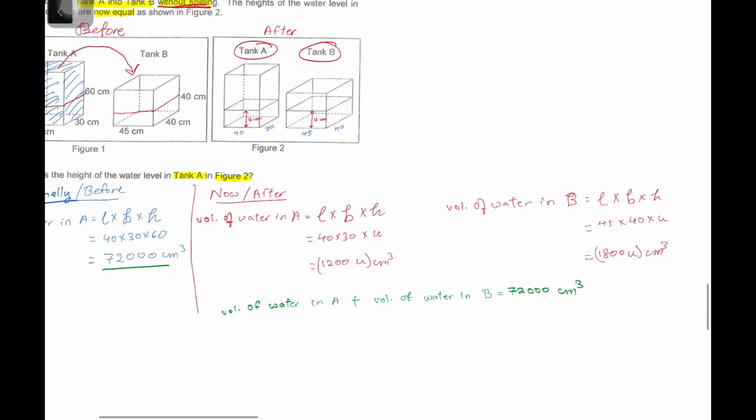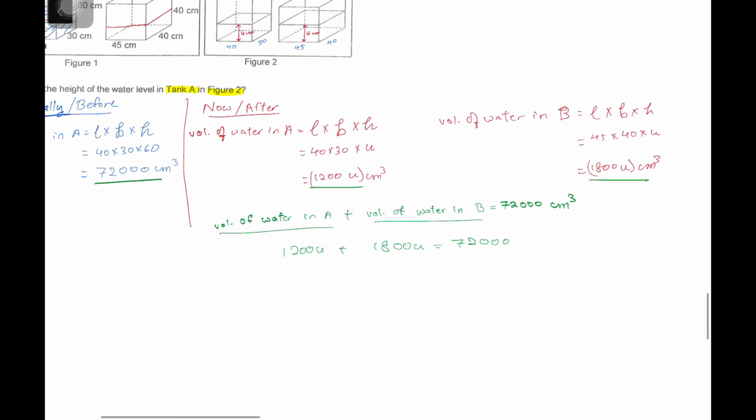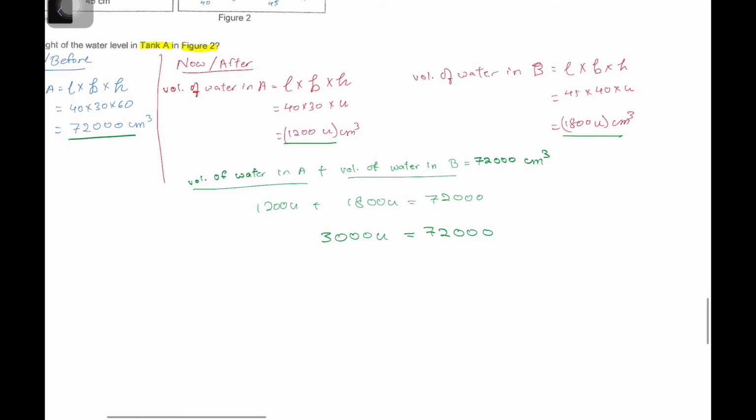Right? And the volume of water in A after is 1200 U cubic centimeters, and the volume of water in B is 1800 U cubic centimeters. So we have 1200 U plus 1800 U gives us 72,000. Now we can just add this up, and we get 3000 U is equal to 72,000 cubic centimeters.